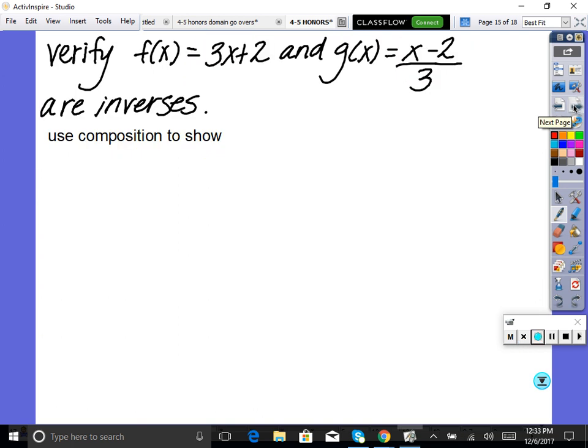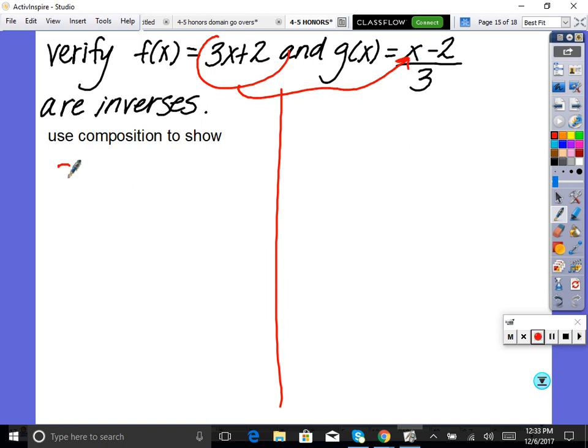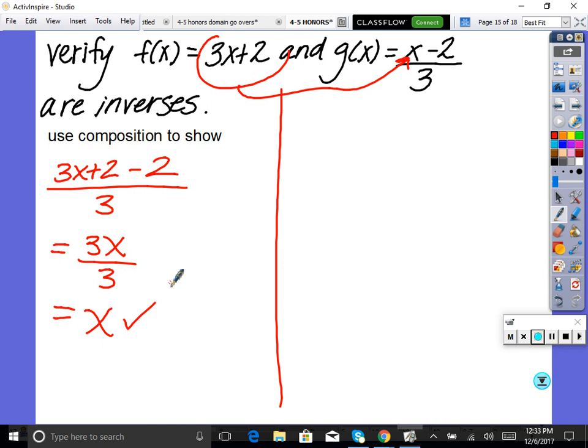Okay, let's do this one. It says use function composition, so let's plug this in there. We have 3x plus 2 minus 2 over 3, which equals 3x over 3, which equals x. We got to do the other way too.